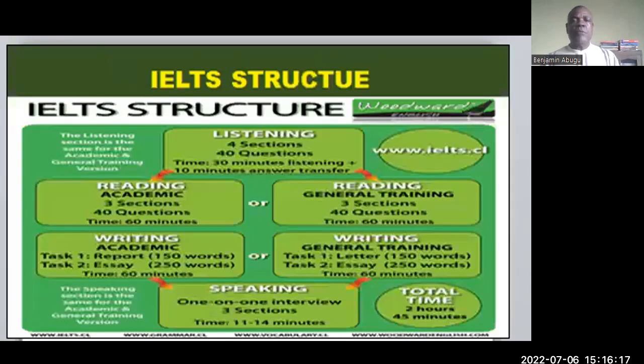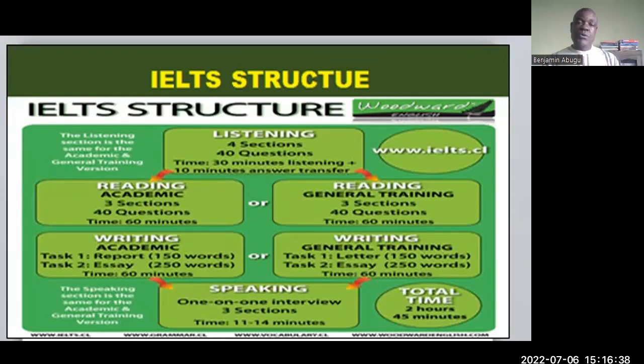So now the IELTS structure, you can see that we will have 4 sections. The structure is made up of parts or sections. You have 4 modules in the IELTS. You have listening, you have reading, you have writing, you have speaking.